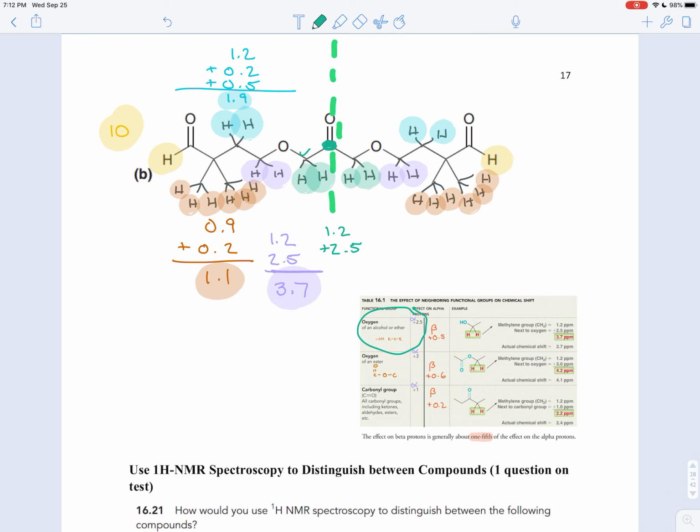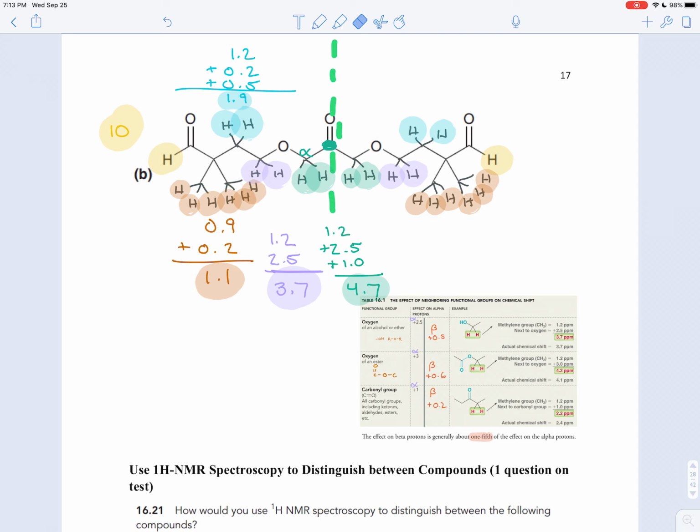You have the carbonyl carbon right next door to it. That's the alpha position. That's where you have these hydrogens. They're alpha to a carbonyl. And if you're alpha to a carbonyl, then you would add the 1. So if you add all of that together, that's where you'd expect to get the shift for that. And so you would have 4.7 as the place where that peak should show up.